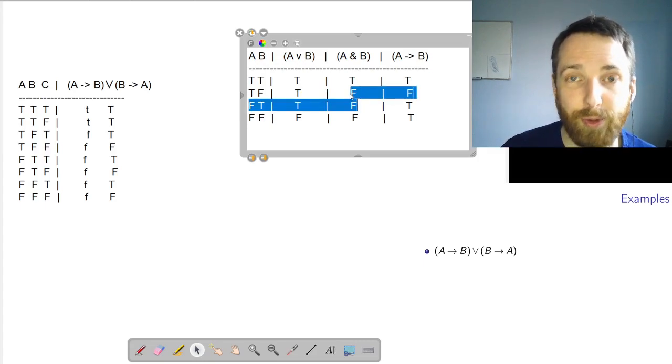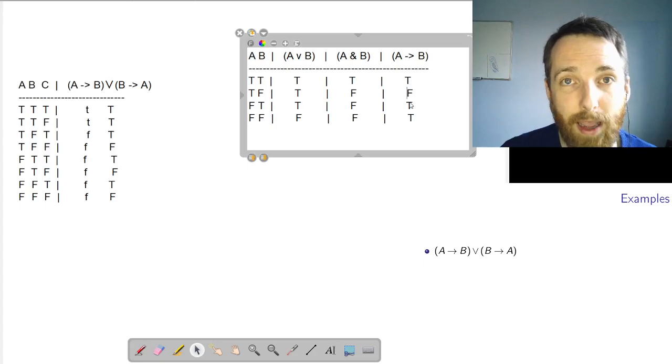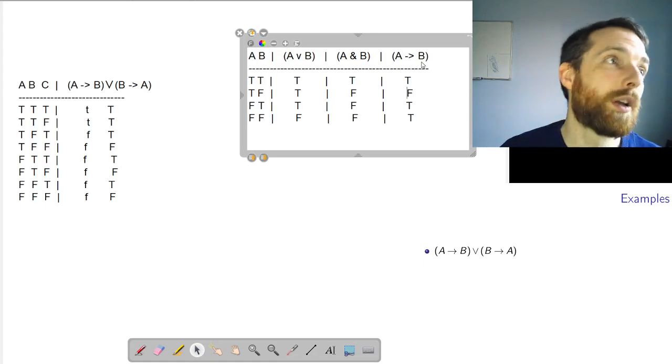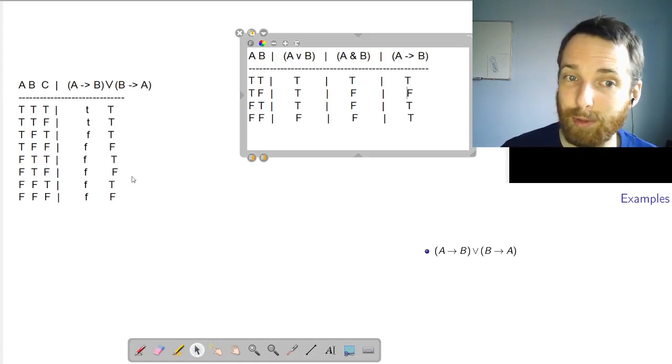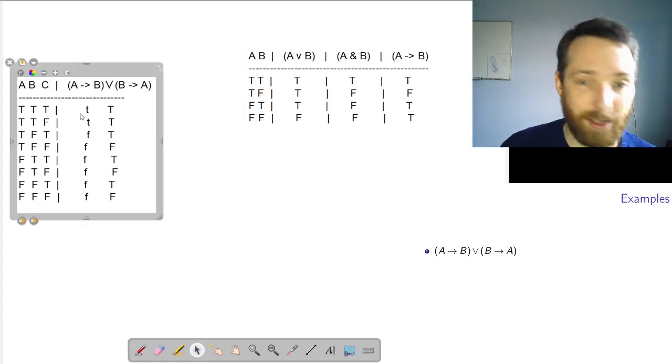Both of the middle rows are false. They're the same. A and B, B and A, it's going to come out the same. But A arrow B is different. When A is true and B is false, A arrow B is false. But when A is false and B is true, then A arrow B is true. It's confusing. You'll have to get used to it. Sorry.